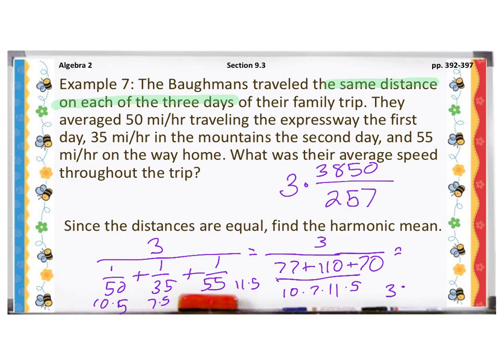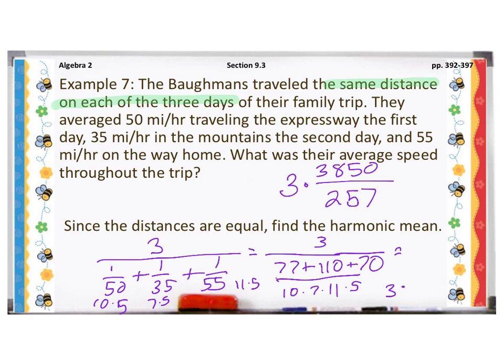So the first thing I'm going to do now is see if 257 is divisible by 3. And it's not. Okay, let's see if 3850 divided by 257 is a whole number. And it's not. Okay, now I'm going to convert it back to fraction. And that'll tell me if it reduces. It does not. Okay, so my answer is going to be 3,850 times 3.